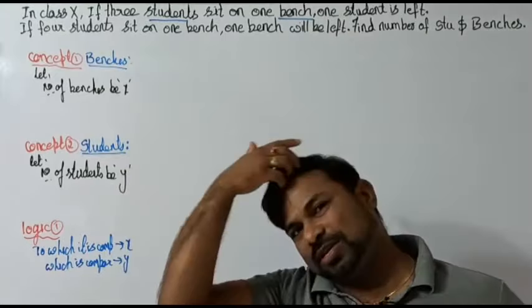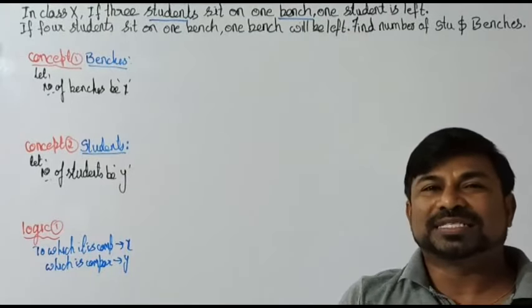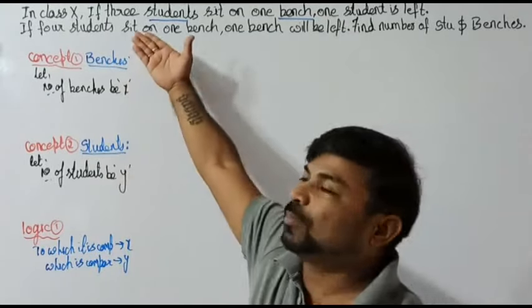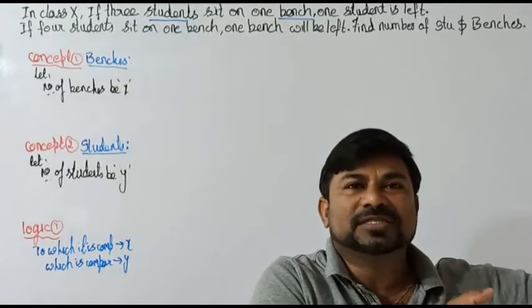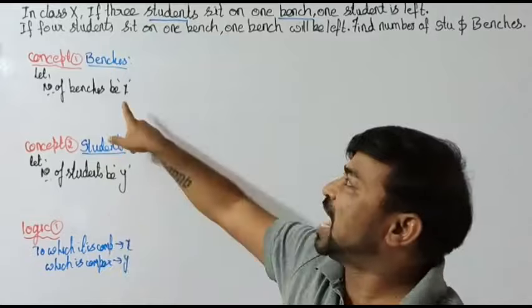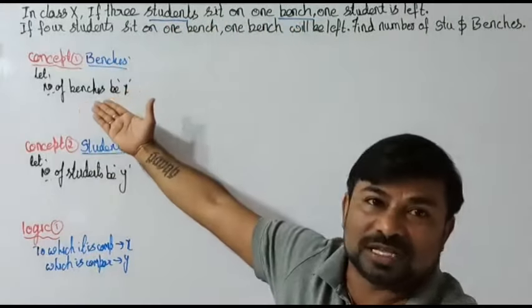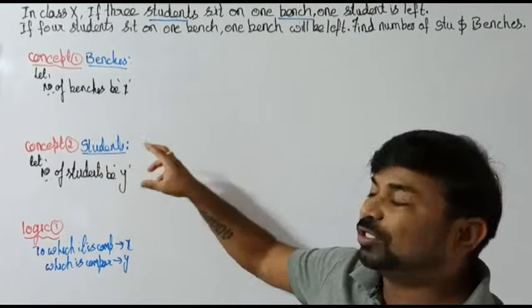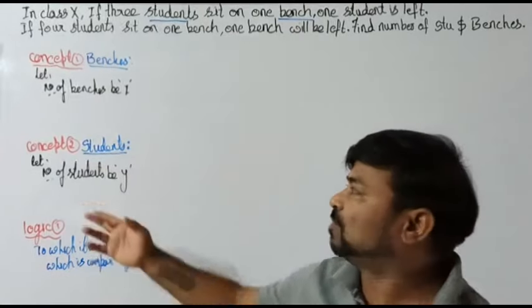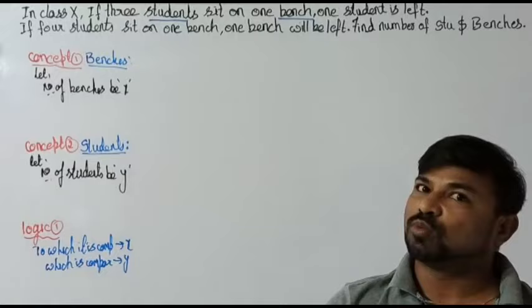This is how we are setting the question. What are the two concepts we are discussing here? Benches and students. I take benches as the first concept and call the number of benches x. I take students as the second concept and take the number of students as y.